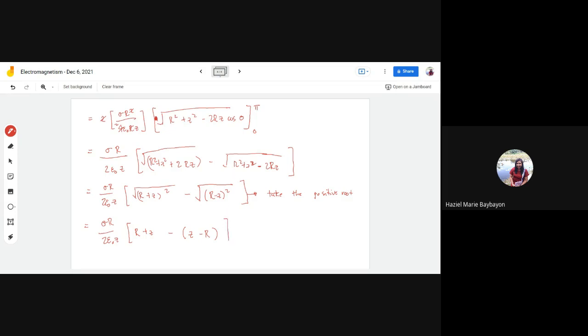Okay. So this is for points outside the shell. This is equal to sigma r over 2 epsilon naught z, and from here we can cancel out, so we have 2r.